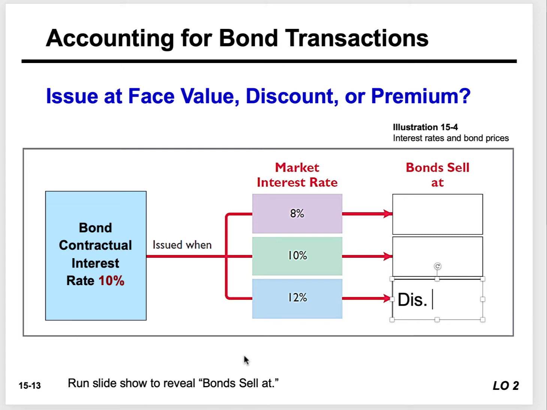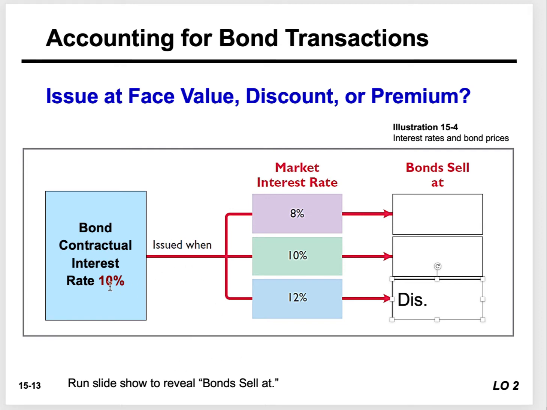I need to entice you as investors to invest in my bond that's only paying 10% when the market is paying 12%. In order to do that, I need to lower the price of the bond.